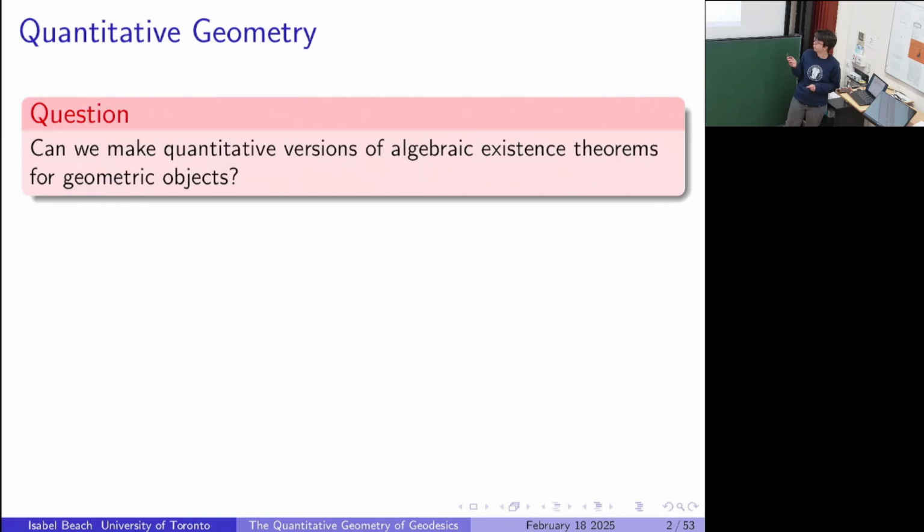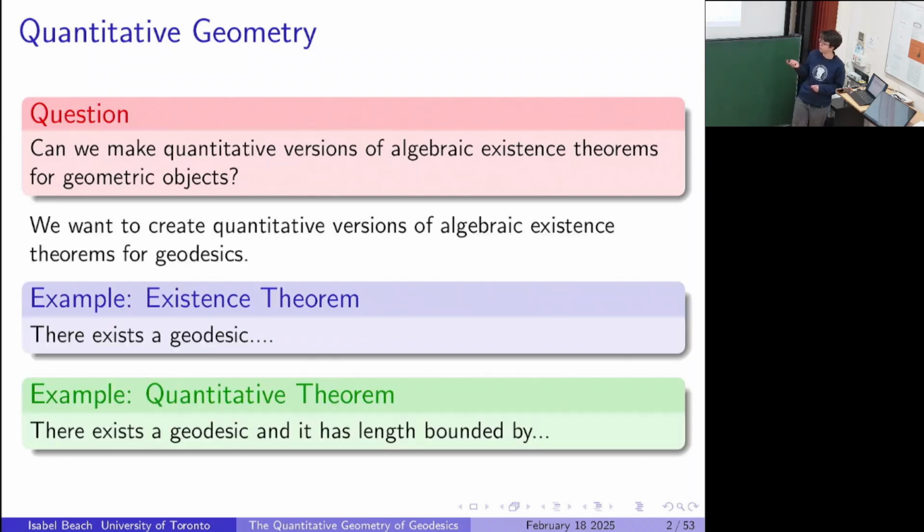So, first thing we want to know is what do we mean by quantitative geometry? Essentially, this is an attempt to answer the question, if you give me an algebraic existence theorem for some geometric object, can I make a quantitative version of that theorem? If that's a little vague, we'll see lots of specific examples today, specifically where the geometric objects in question are geodesics.